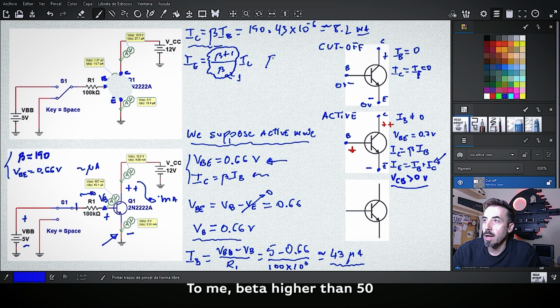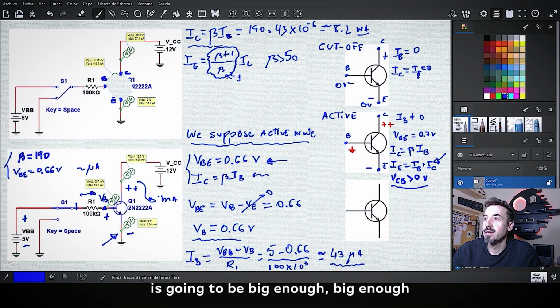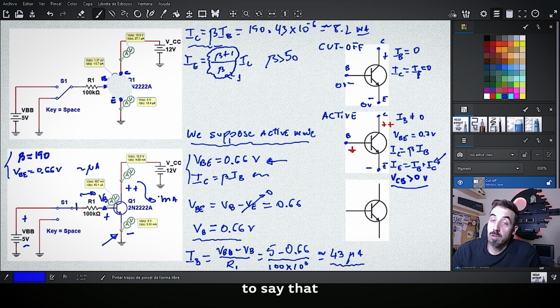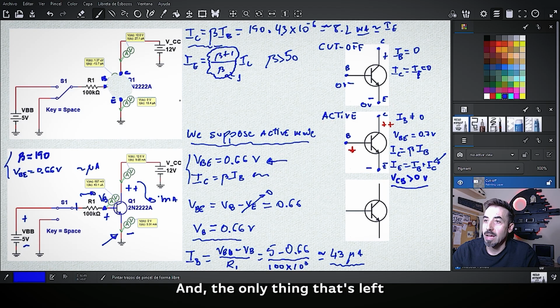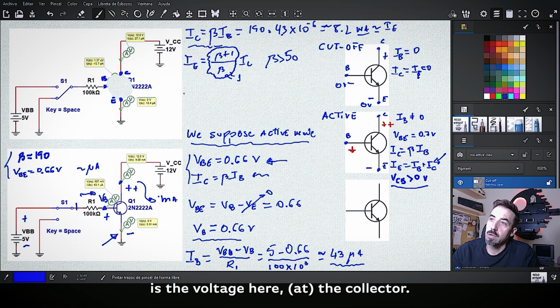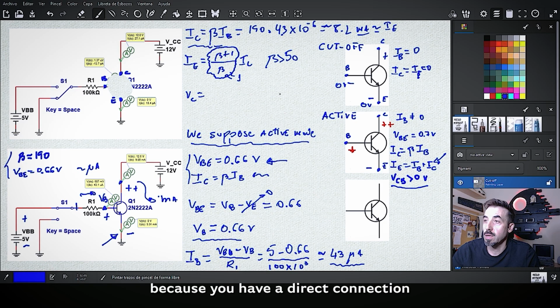To me, beta higher than 50 is big enough to say that the current through the emitter is more or less the current through the collector, because in our case it's almost 200. So now we know all the currents: base, collector, and emitter, and the only thing left is the voltage at the collector. That is very easy because you have a direct connection to VCC, so 12 volt.